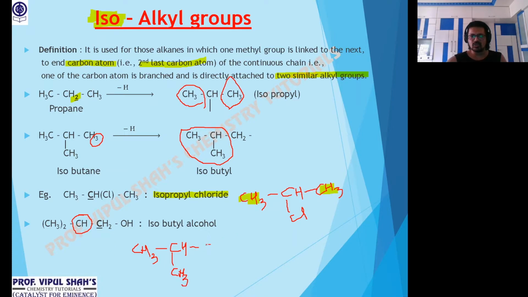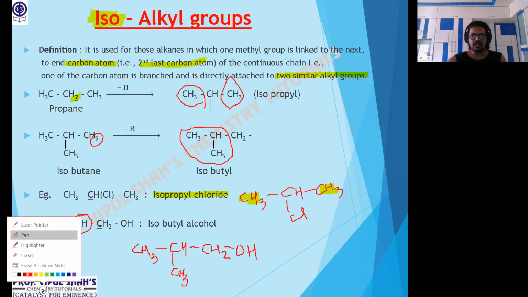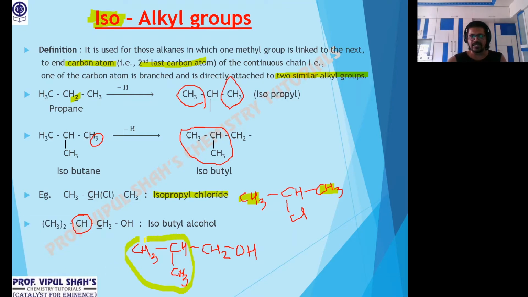Then there is a CH2 group. And then there is an OH group. That's the functional group. Now here, is the branch carbon attached to two similar alkyl groups? Yes, it's attached. So these are two alkyl groups, two methyls. It's iso. Common name, count all: 1, 2, 3, 4. Isobutyl and an OH. So the name is isobutyl alcohol.